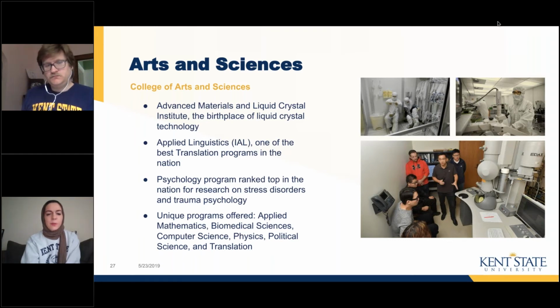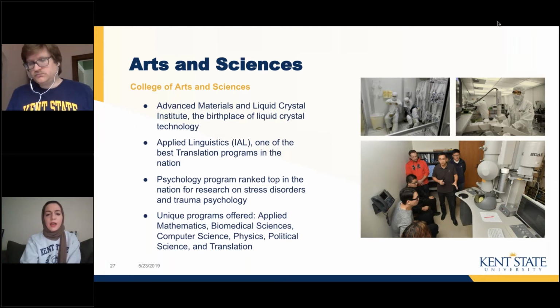We also have some pretty popular programs within our Department of Modern and Classical Languages. That would be where we have Applied Linguistics, which is one of the best translation programs in the nation. There are areas of focus in translation in Arabic, French, German, Japanese, Russian, and Spanish. So we have a lot of different areas where students can focus.